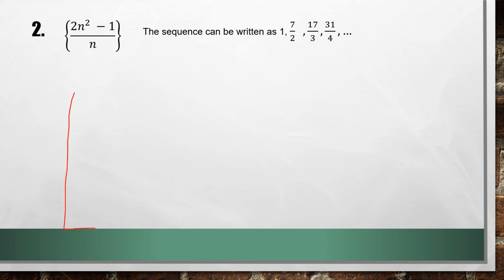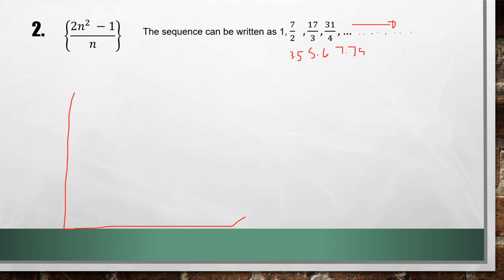So we will graph, but before that, let me convert the fractions into decimals. 7 over 2 is equivalent to 3.5. 17 over 3 is equivalent to 5.6. 31 over 4 in decimal is 7.75. And as we have determined, the given sequence is monotonically increasing.